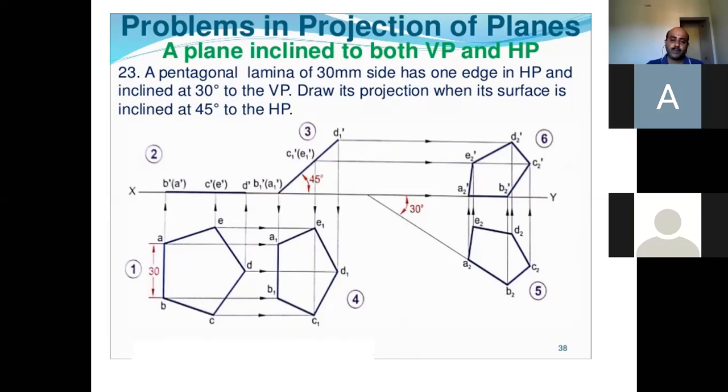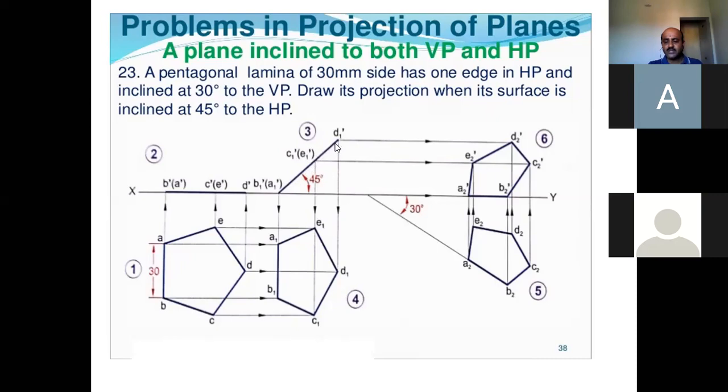The front view at present is this one, because it is resting on HP. Now you are lifting the lamina in this way, and you can see only a straight line which is inclined to HP at 45 degrees. So this is the second position, where in the front view the lamina is inclined at 45 degrees.